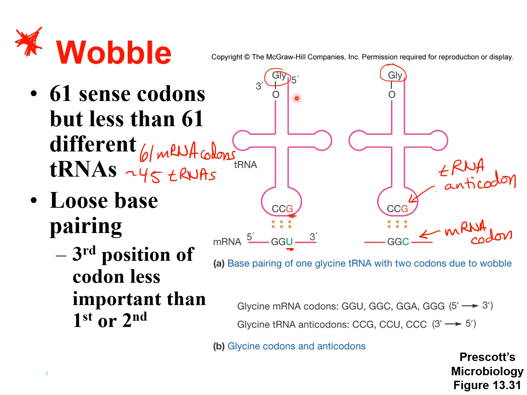So this one transfer RNA, this same one, is binding to both of these messenger RNA codons. So they're different messenger RNA codons, but the same transfer RNA is binding to both of them.